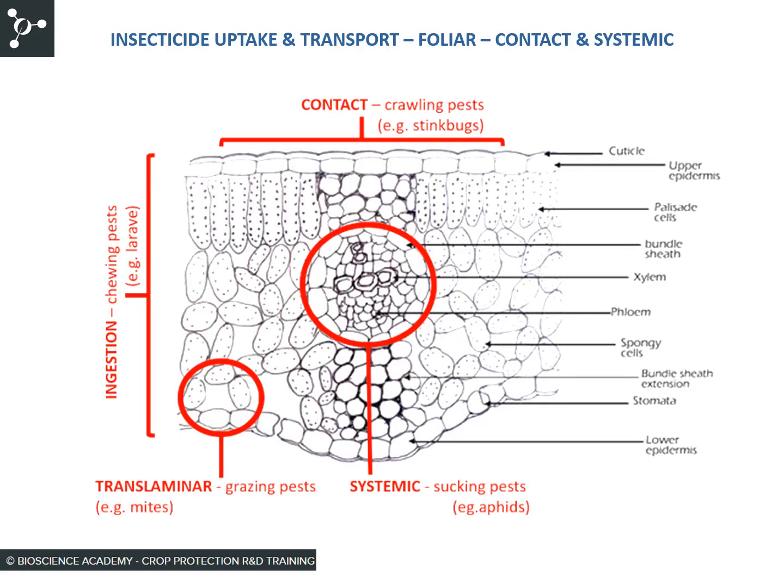From this overview, we move to looking at how contact insecticides, systemic insecticides, and translaminar insecticides move into the leaf and what this means for which specific insect types are targeted by these active ingredients.